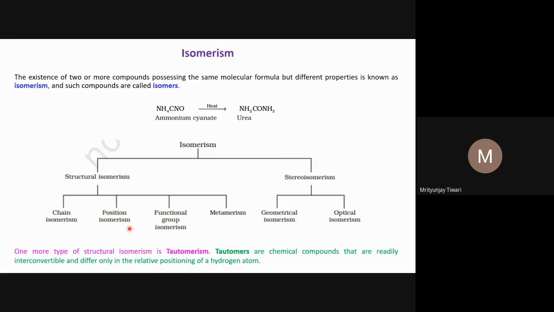Then position isomerism, which I have already explained to you in the nomenclature. In many places you change the position of one group, and you still get a valid compound, like the position of an alkene, alkyne, or different substituents. We show it only when position isomerism is possible.